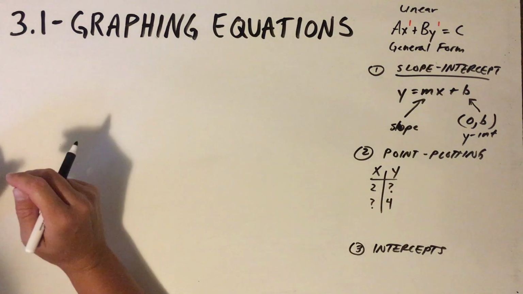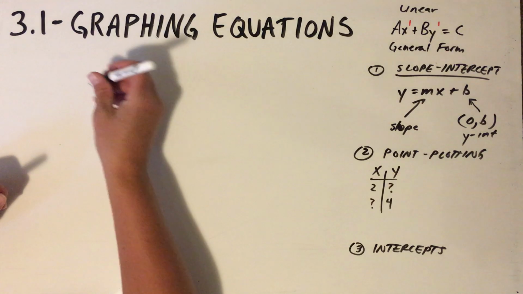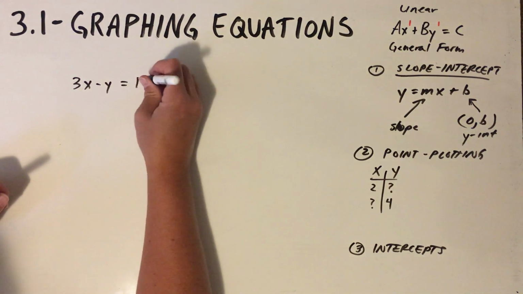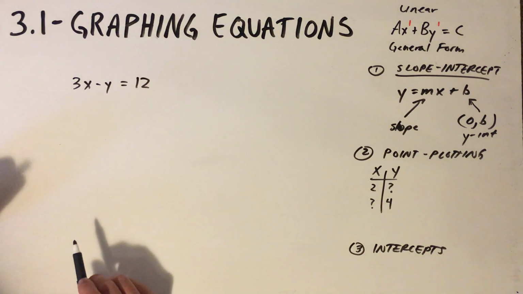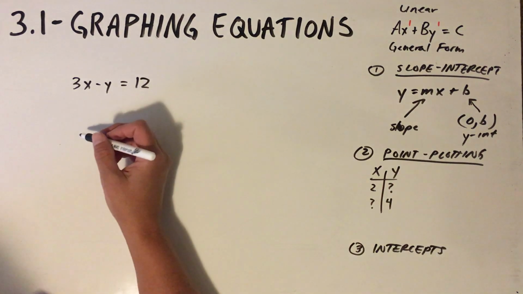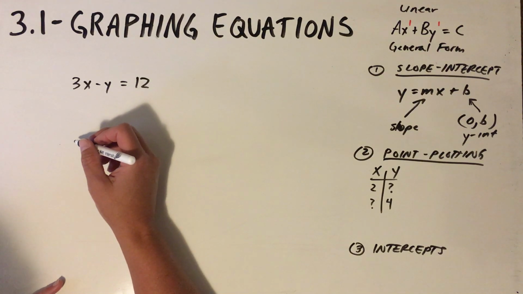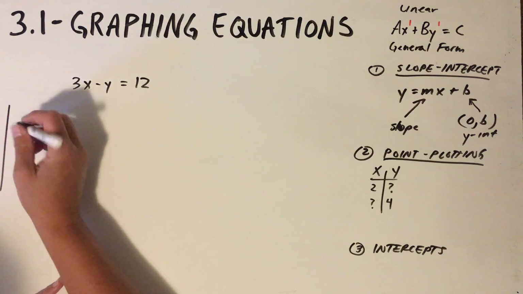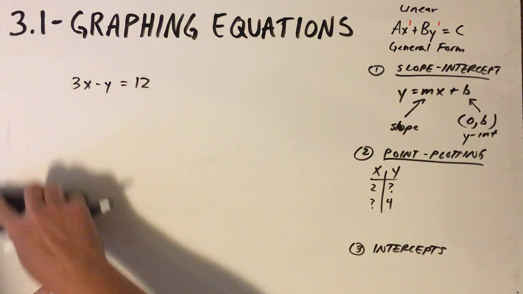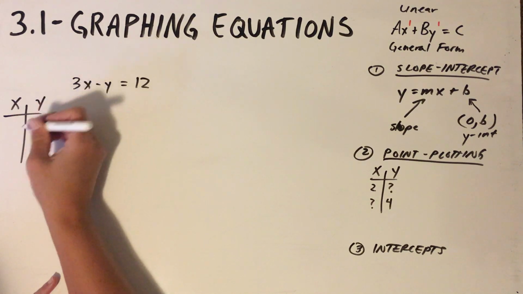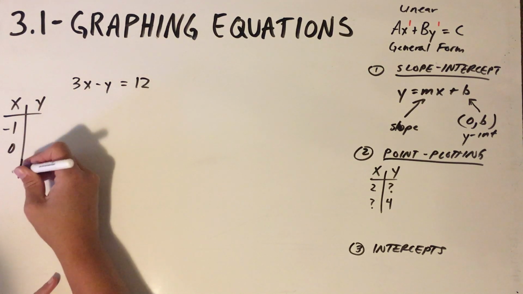Etc. So if you have an equation, let's say 3x minus y is equal to 12, and I want to graph this using point plotting, well, point plotting just means, okay, let's make an XY table here. Typically they'll have you plug in -1, 0, and 1.